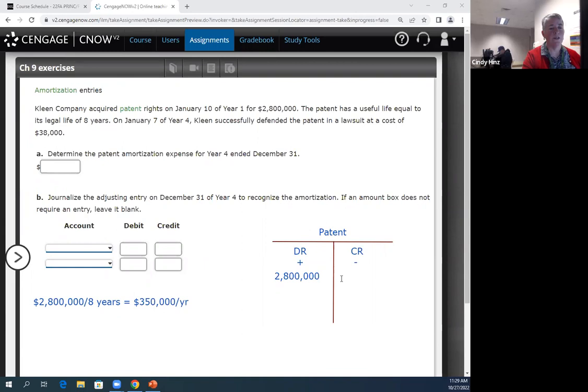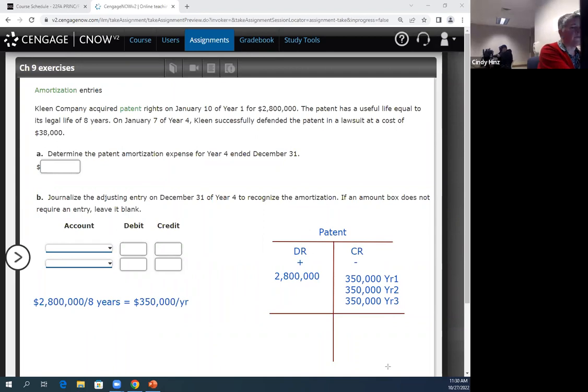And we do that for year 1, year 2, and year 3. And at the end of year 3, and remember I told you we don't have a separate account for accumulated amortization. We simply reduce the value of, in this case, the patent directly, rather than setting up a contra asset account.